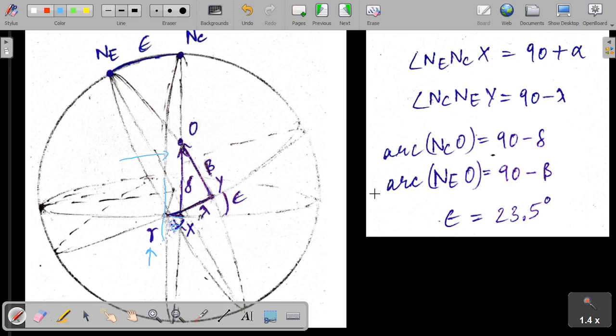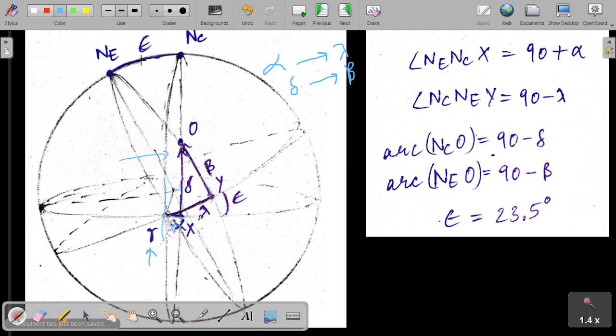And just like we have the right ascension and the declination in the equatorial system, as a similarity, from alpha we have lambda in the ecliptic system, and from delta we have beta. As you can see, the ecliptic longitude is lambda here and the ecliptic latitude is beta.